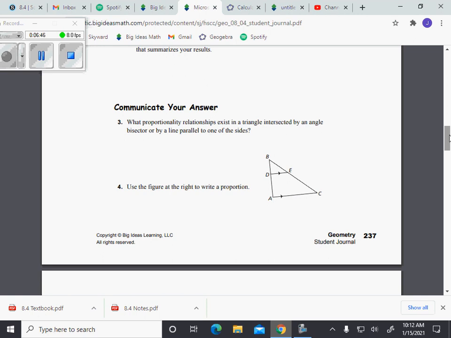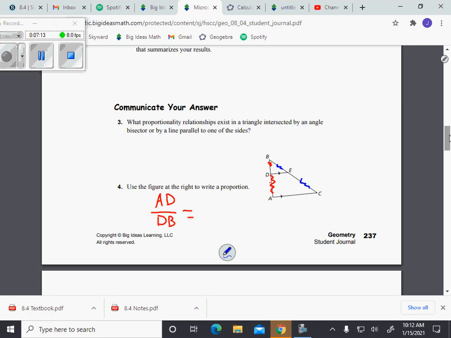Number 4 says use the figure on the right to write a proportion. So we have two parallel sides. We have a parallel side here, a parallel side there. And we know that AD over DB is going to be equal to our other side lengths, BE and EC.